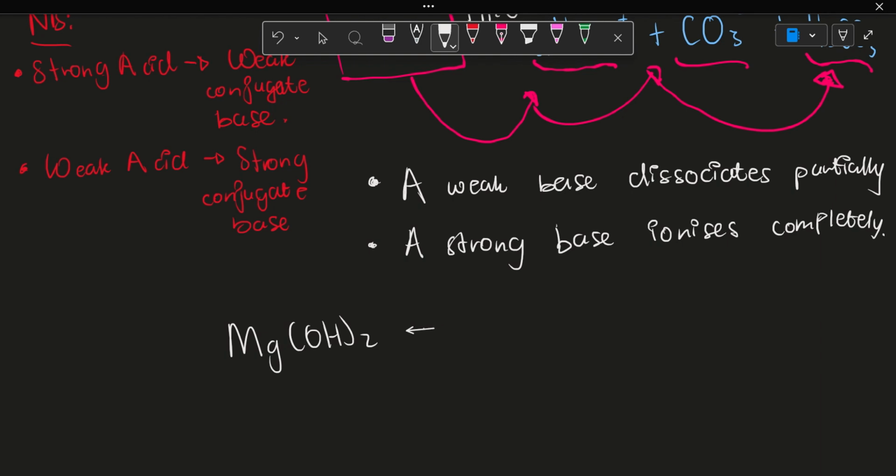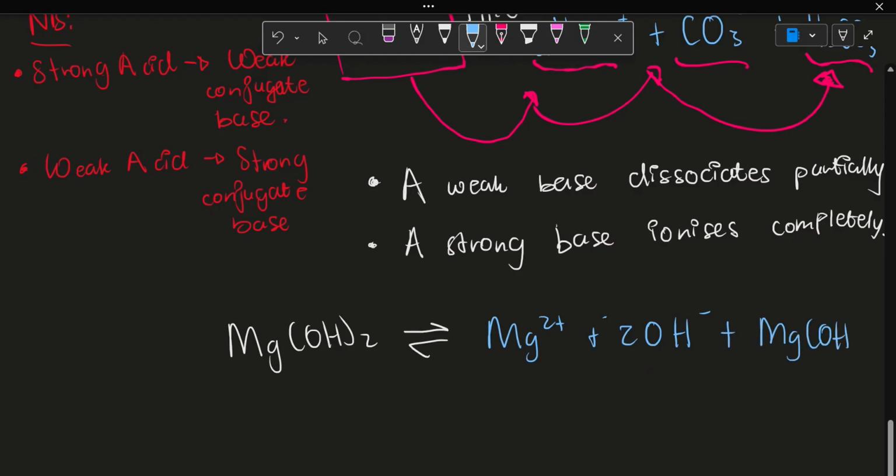and it dissociates, right? So when magnesium hydroxide dissociates, this is what happens. It forms Mg2+ and 2 hydroxide ions. But remember, it's a weak base. What does that mean? Yes, it is then going to form magnesium hydroxide once again. Because when something dissociates completely, it just forms its respective ions.